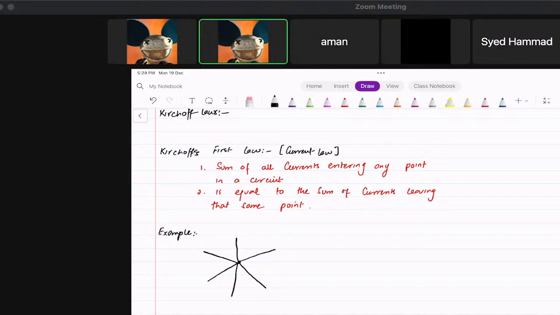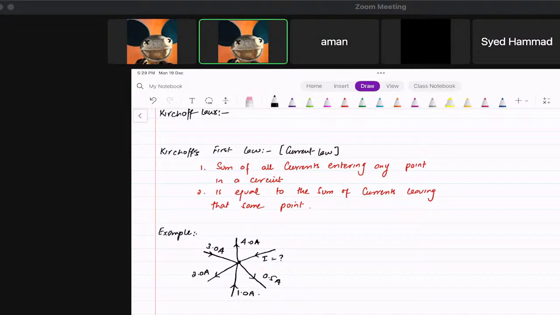This one is taking 2 amperes away, 3 amperes this way, 4 amperes. This is what we need. This is 0.5 and this is 1.0.